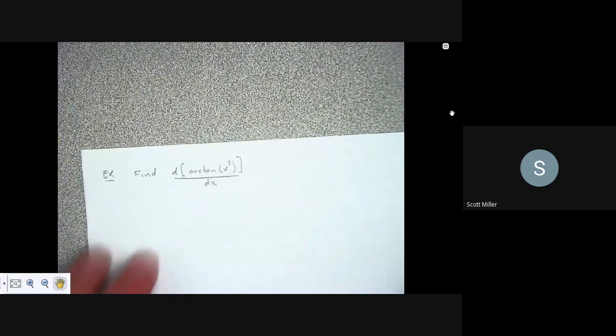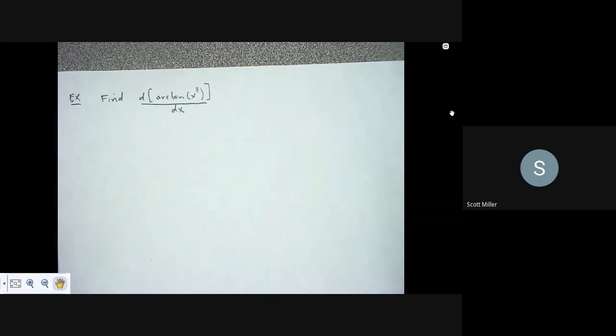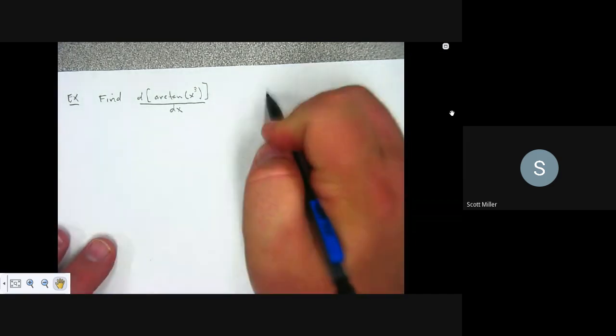I'm going to move my paper over and we'll go through it. Find the derivative of the arctangent of x to the third with respect to x. We have our rule; I'm going to write it right over here.